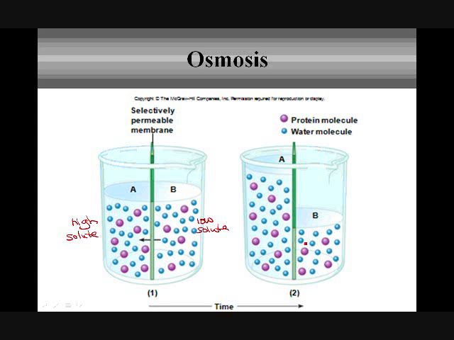So as a result, the water molecules are actually going to be moving. Notice that we had 1, 2, 3, 4 protein molecules, and we still have 1, 2, 3, 4 protein molecules versus the 8 and 8. So it's not the actual solute that's moving in this case, it's the water that's moving to kind of even things out.